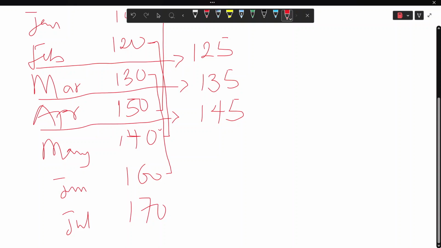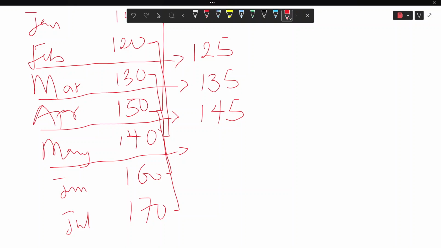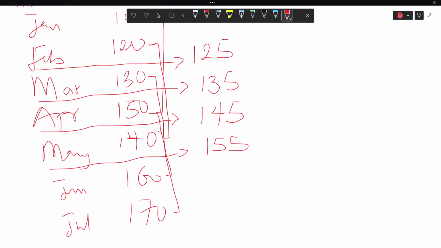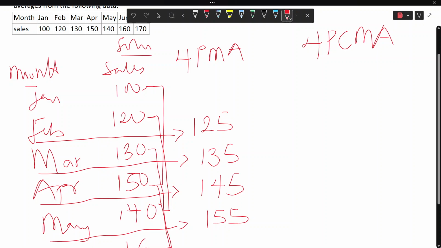Then lastly, we have from 150 to 170. So 150 plus 140 plus 160 plus 170. The average is 155. You could see that these values don't fall on a particular period, so there is the need for us to center them.